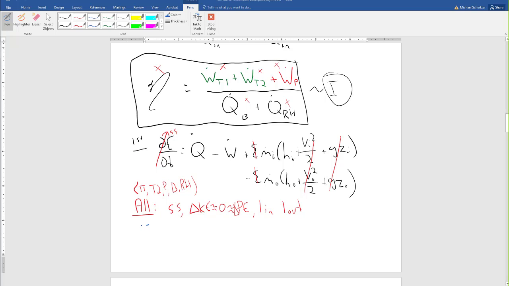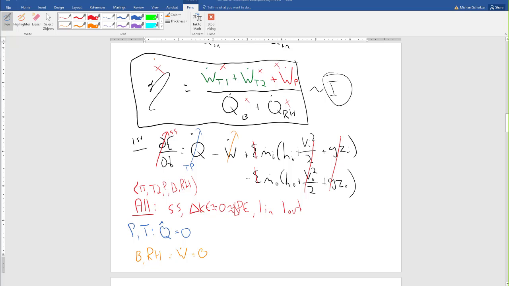Now, for the turbines and the pumps, I'm going to say that they're adiabatic. So Q dot is equal to 0, but only for the turbines and the pumps. And then for the boiler and the reheat, I'm going to say that they're passive, meaning no work.